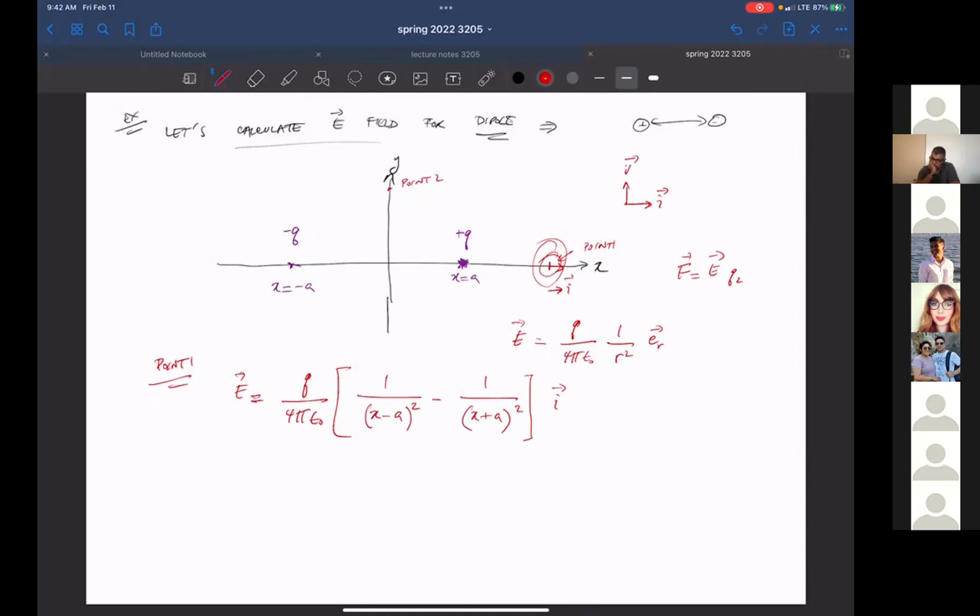Where does the second term come from? The x plus a? That's the contribution from this guy. Then it would be 2a, right? Well, think of it this way, though.